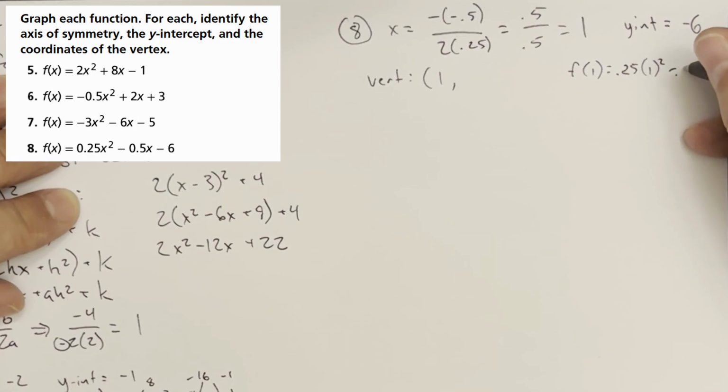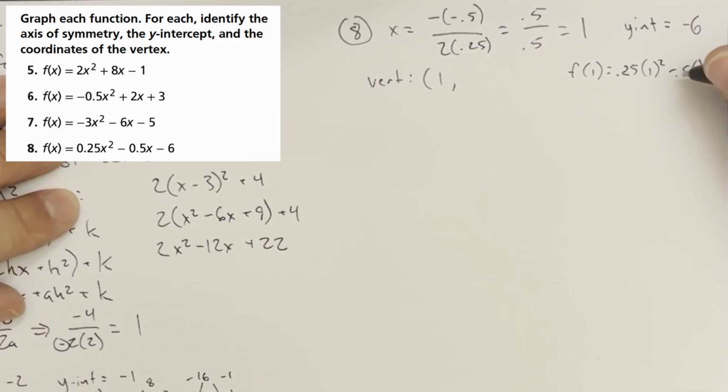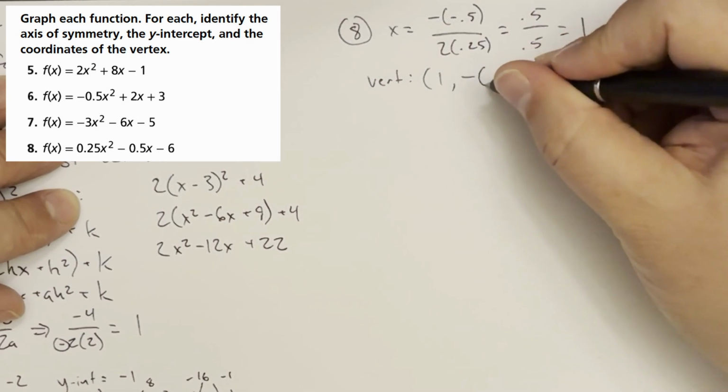Then negative 0.5 times 1, which is still negative 0.5, and minus 6. So this is negative 0.5 and positive 0.25, which is negative 0.25, minus 6, so negative 6.25.